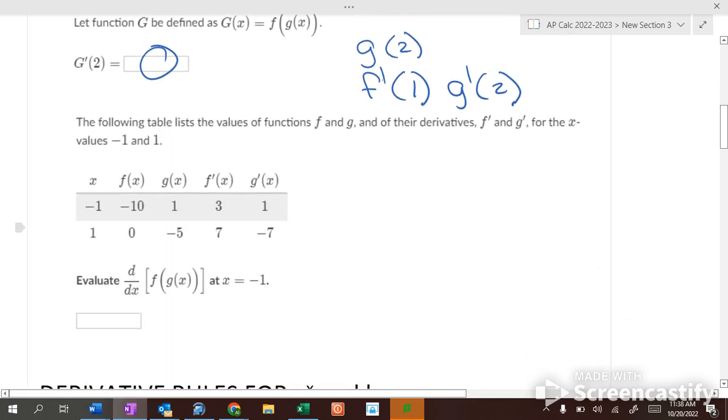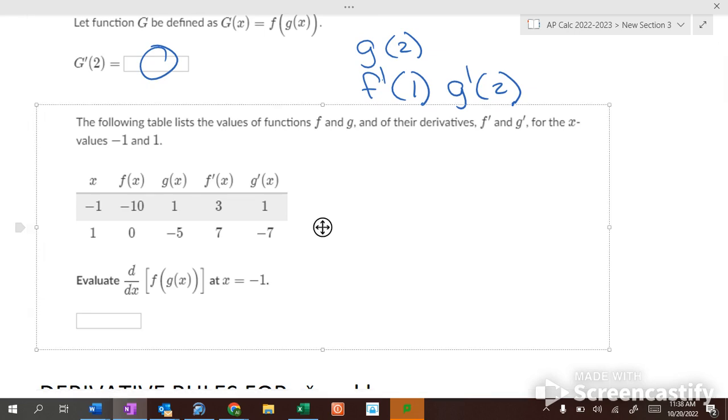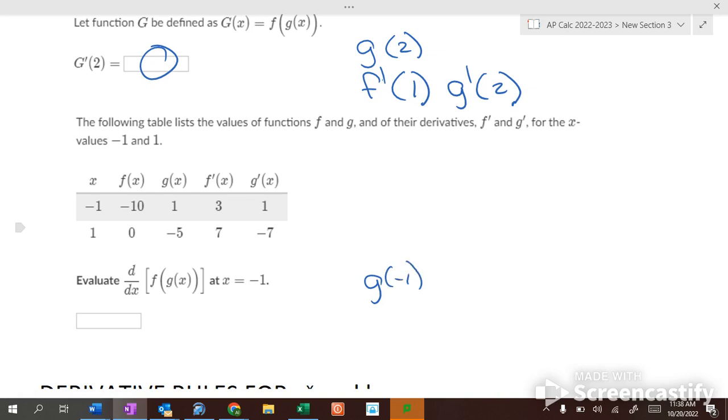Last one of these. Okay. f of g of x at x equals 1. So g of negative 1 equals what? 1. So we have to find the first derivative of f at 1 and the first derivative of g at the original number, negative 1.